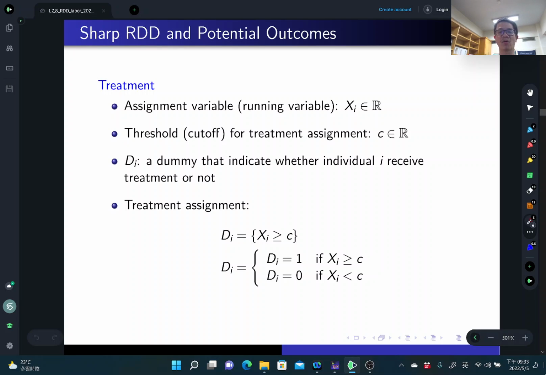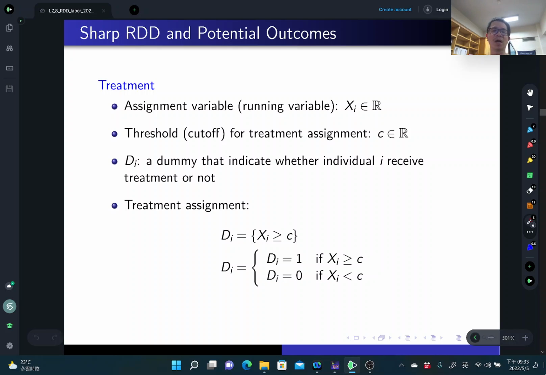The threshold, or sometimes we call it the cutoff for the treatment assignment, is called C. Here the treatment variable is called D, a dummy indicating whether individual i received the treatment or not. If the assignment variable is above the cutoff, you get the treatment. And if the assignment variable X is below the cutoff, you do not get the treatment.